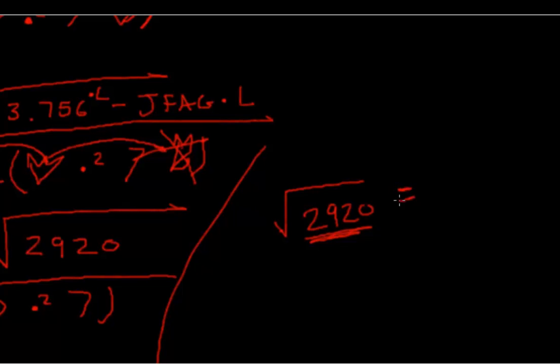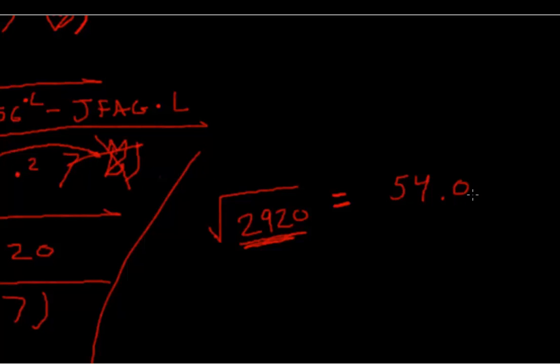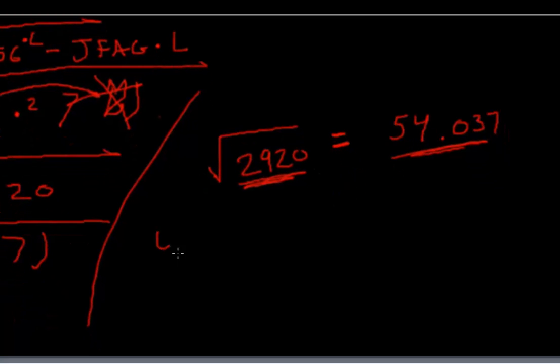So we find the square root. That equals 54 point 0, 54.037.